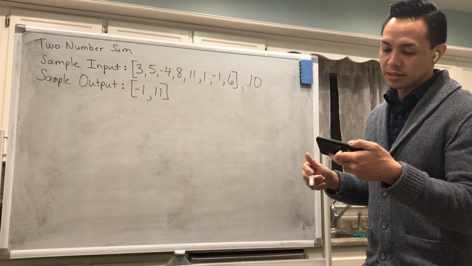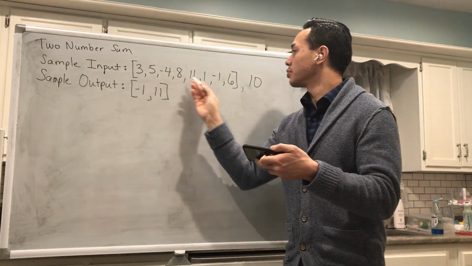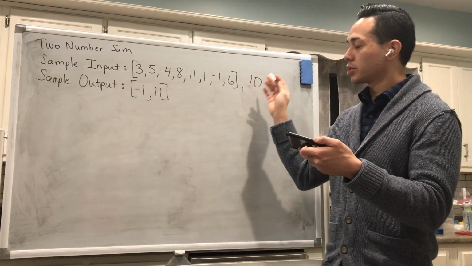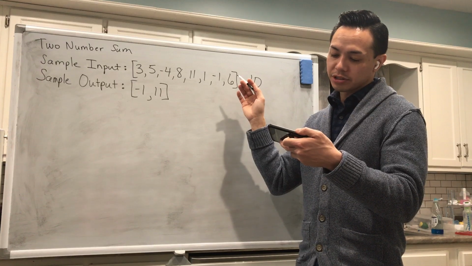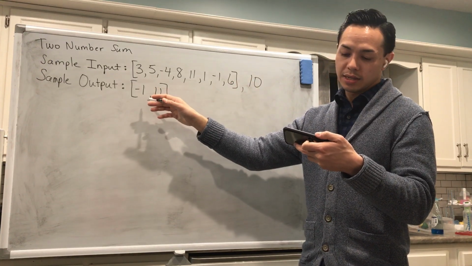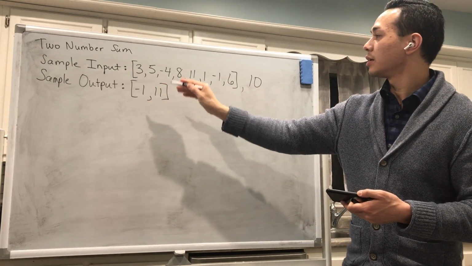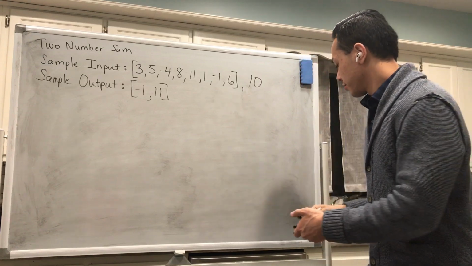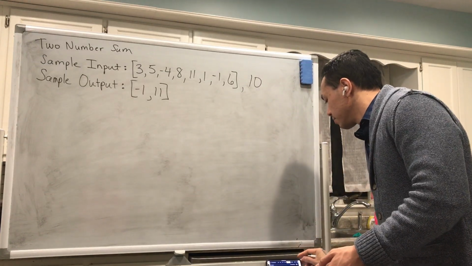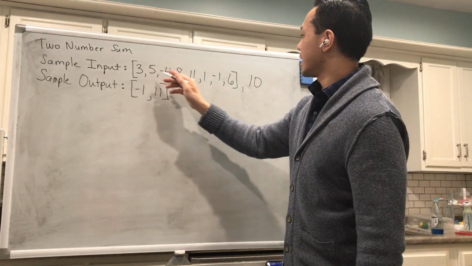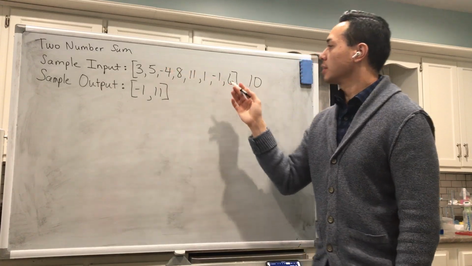It says if any two numbers in the input array sum up to the target sum, the function should return them in an array. And so we see here in the sample input and output, we have these 8 numbers here, just 8 integers, right?